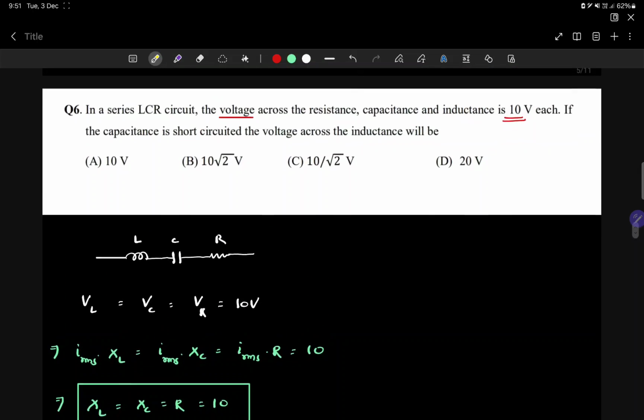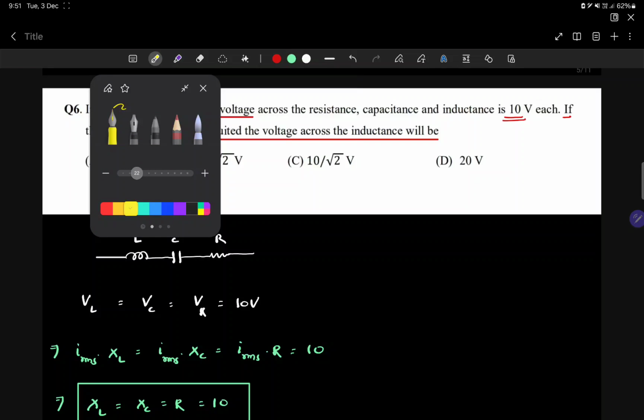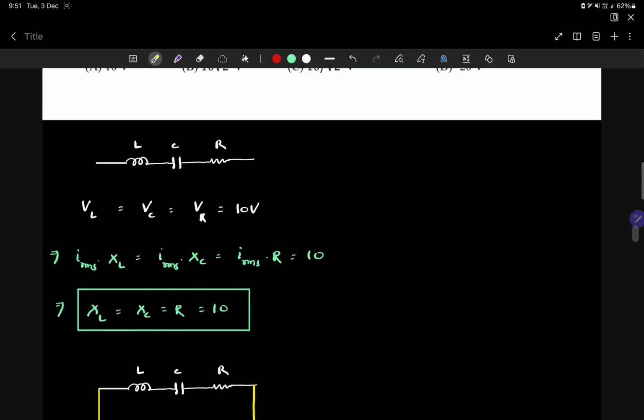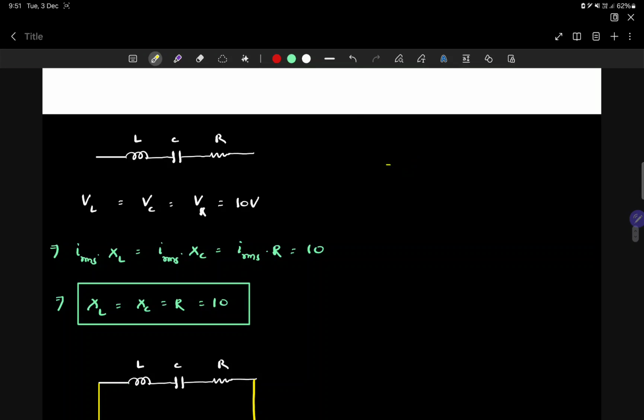Again, as for the given question, the next part is: if the capacitance is short circuited, the voltage across the inductance will be dash. Capacitance is short circuited means in the next diagram we have to draw the diagram after excluding the capacitor. You have to omit the capacitor, simply remove the capacitor from the circuit as it is short circuited.